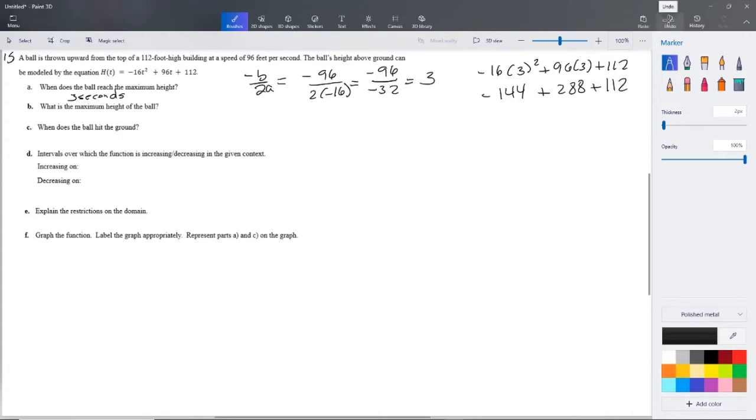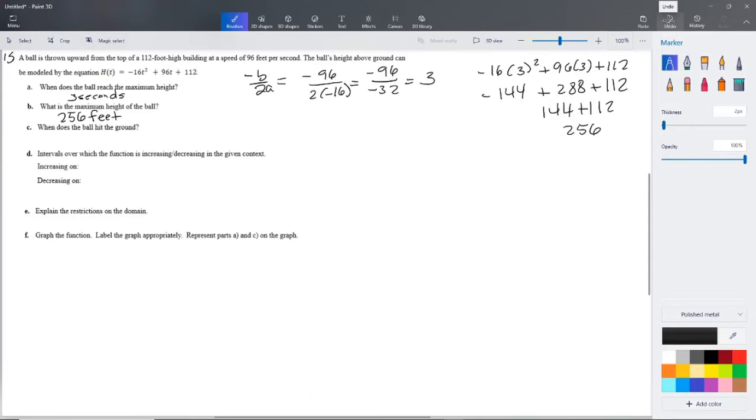Negative 144 plus 288 is positive 144, and plus 112 on top of that is 256. So it looks like 256 is the maximum feet this ball will go. Feet, either one of those is just fine.